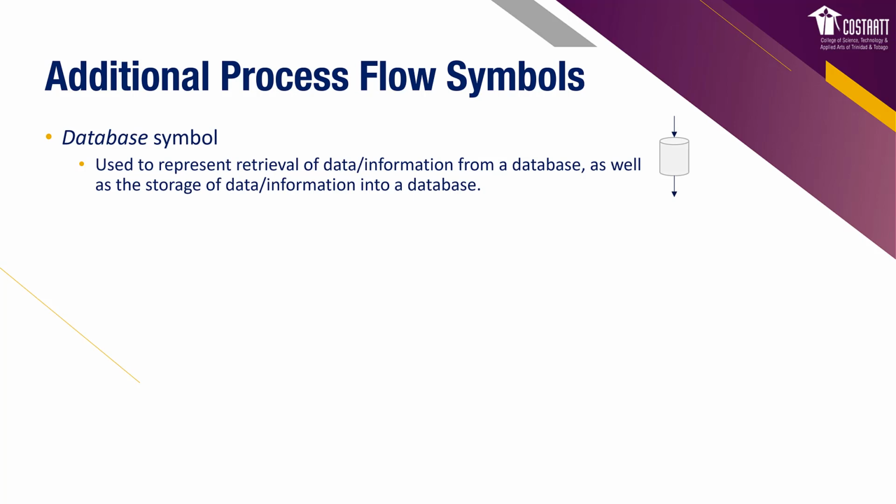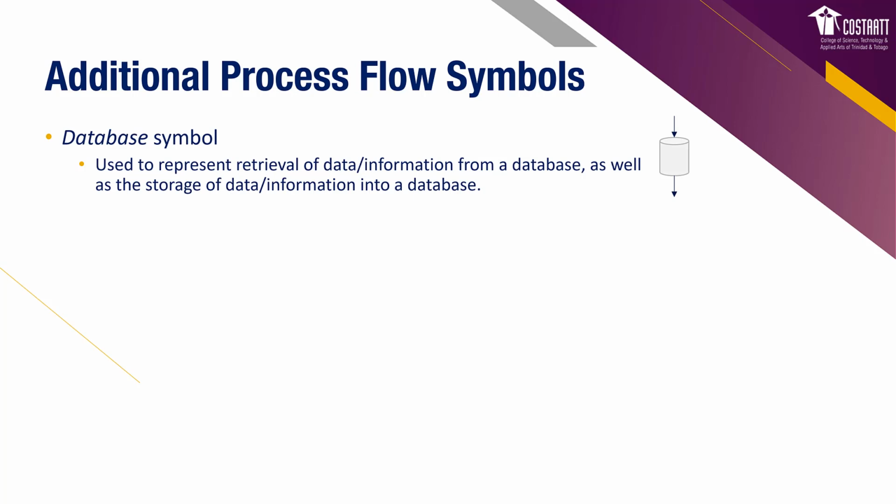Now, the database symbol is used to represent the retrieval of data from a database, as well as the storage of data into the database. So one symbol allows for the access to that database.